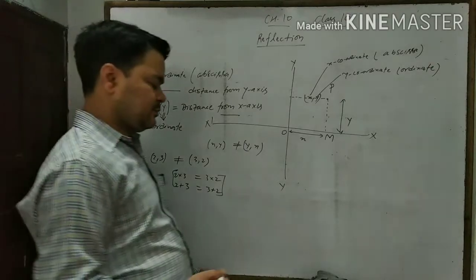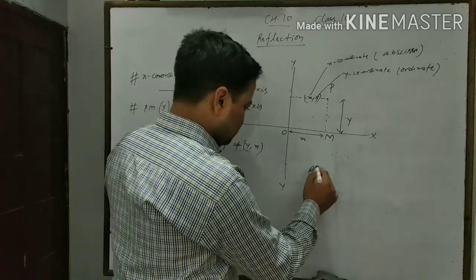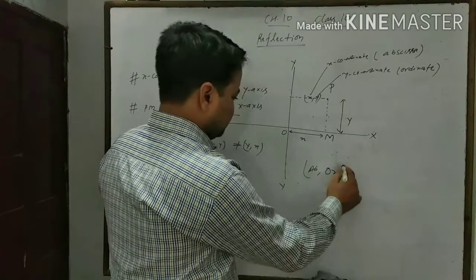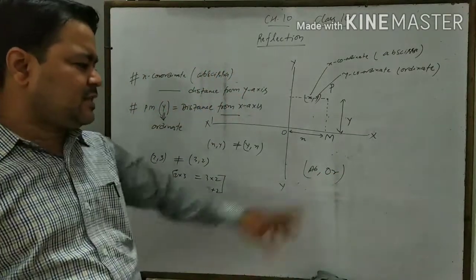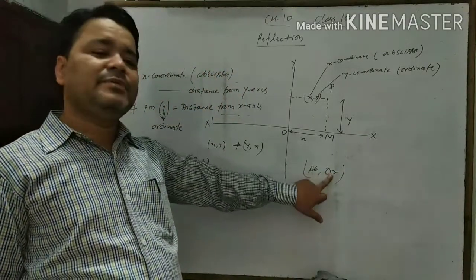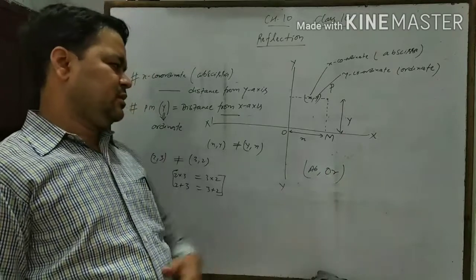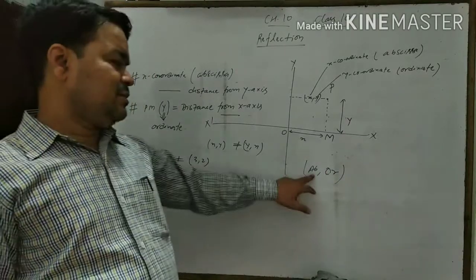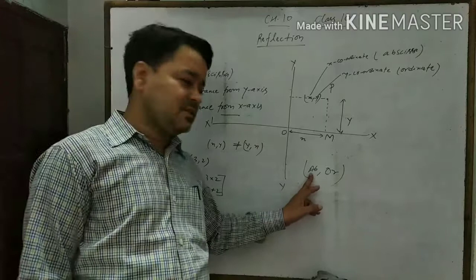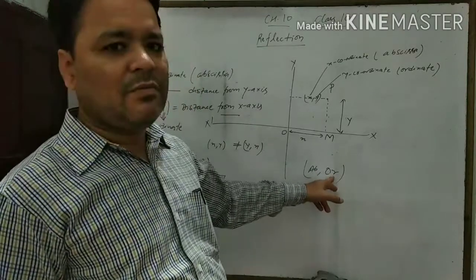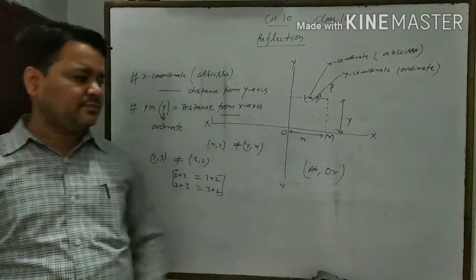Now, first we write abscissa and then ordinate. Abscissa means x coordinate, ordinate means y coordinate. Abscissa means distance from the y-axis, ordinate means distance from the x-axis.